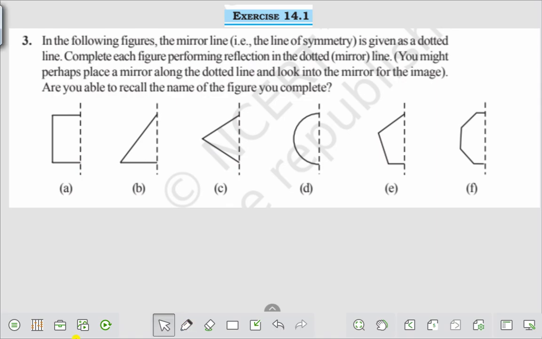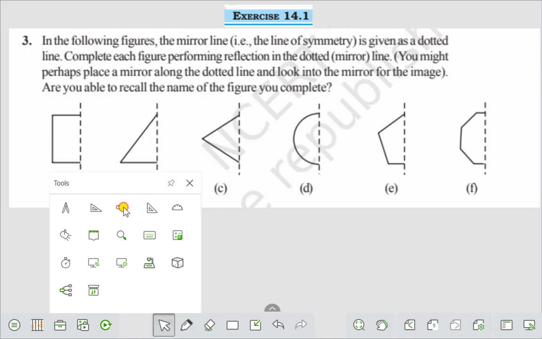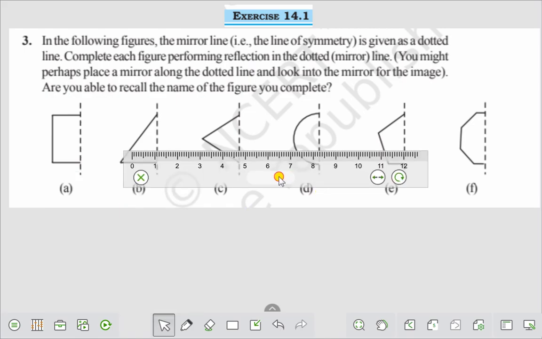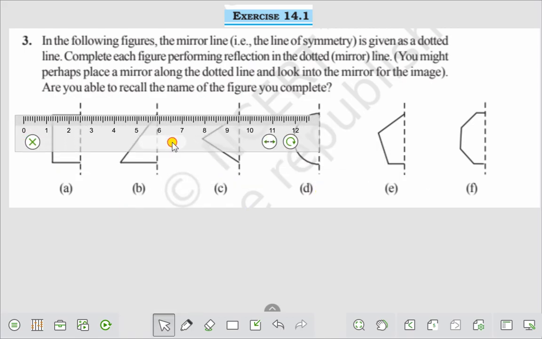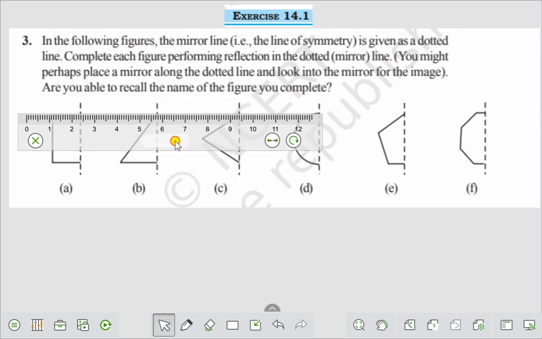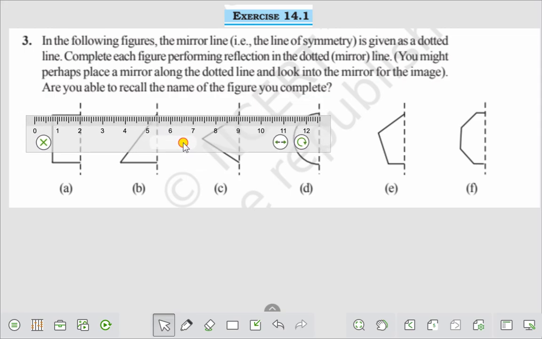Here you see, first, let us take a ruler. And with the help of this ruler, we'll complete the figures, right? Then, first of all, draw this line.